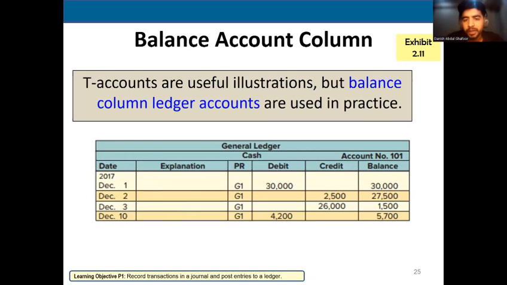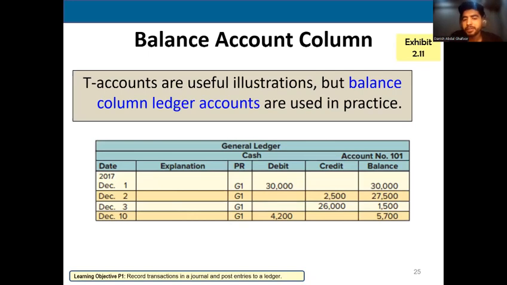T accounts are a useful illustration, but balance column ledger accounts are used in practice. T accounts, as we have seen in the previous video, have a debit column and a credit column, and above that there was an account head title. That was a T account. Now we will be looking at balance column ledger accounts.